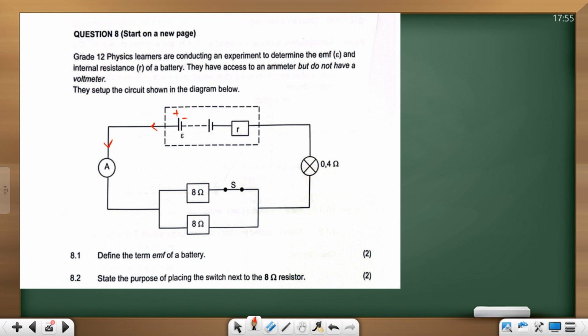Do you notice the current has not done anything? Passing through A means I'll be having I total. When that current gets here, what happens now? It splits. And when it splits, it becomes a parallel connection. So when we get here, current is splitting.